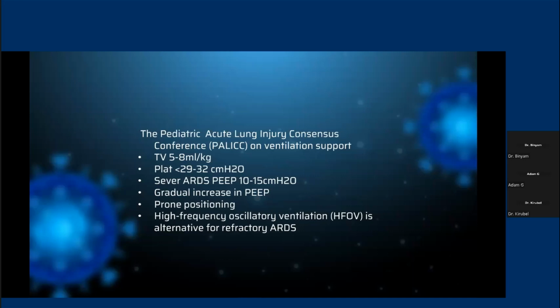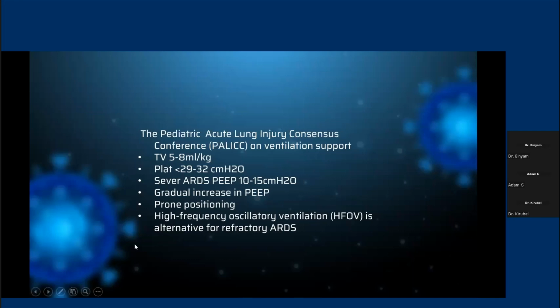The famous Nelson textbook recommends 6 ml per kg, and the plateau pressure range is less than 29 up to 32. Why is it this high? Because, as you know, the pediatric airway is very narrow, so they will have a higher plateau. That's why the plateau cutoff point is higher.